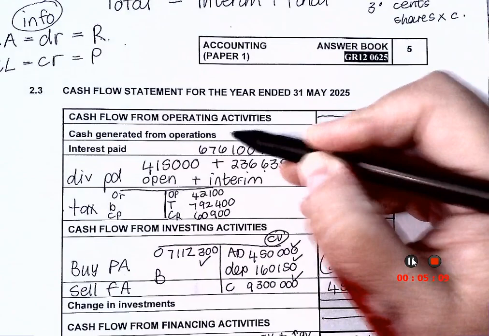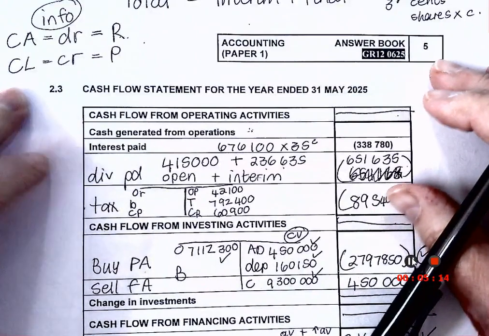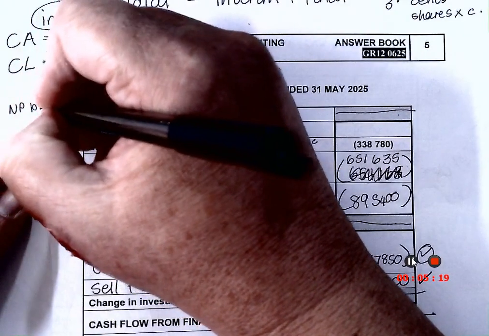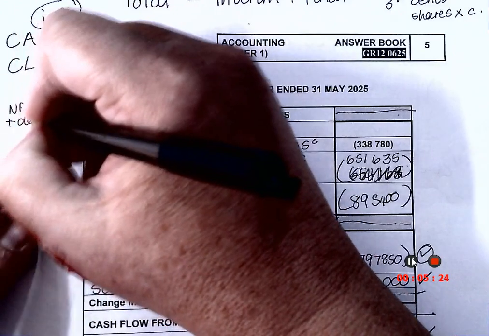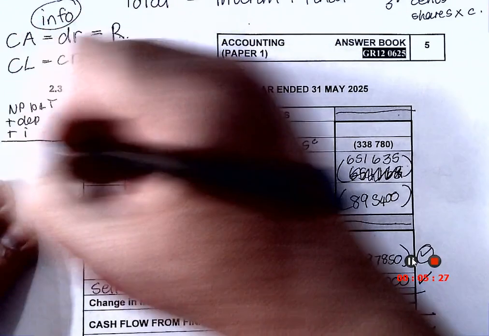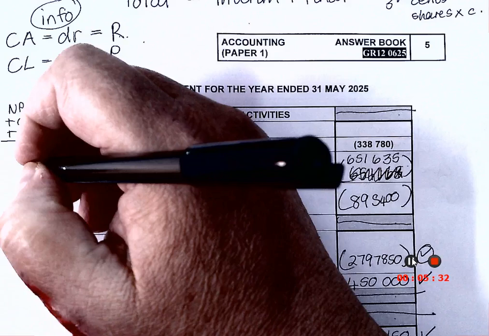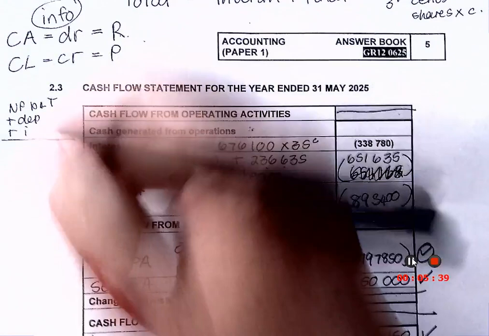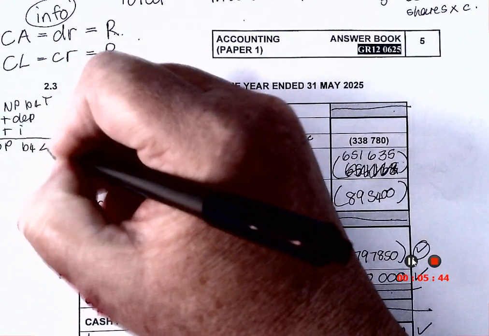Okay? So this note, if you think about cash generated from operations, it's mostly that whole thing of net profit before tax, or is it after tax? No, before tax, add depreciation, add interest, right? Then you get the operating profit before changes in working capital.